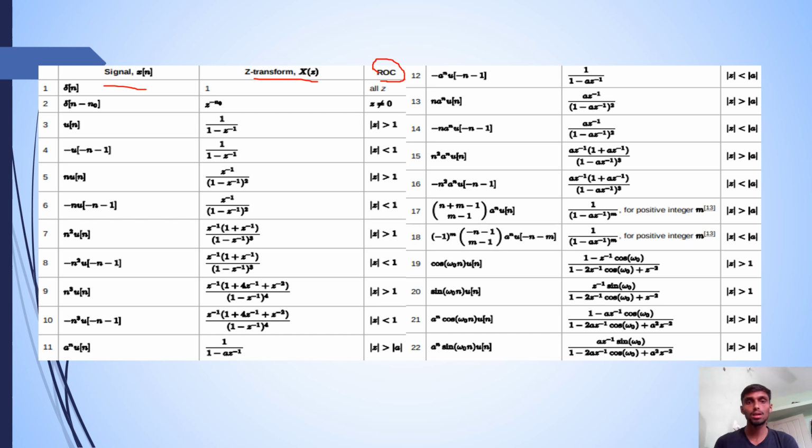Another formula: minus a power n u of minus n minus 1 is equal to 1 divided by 1 minus a z power minus 1, and the ROC lies inside the circle.